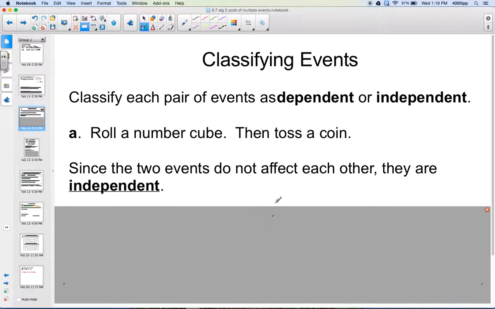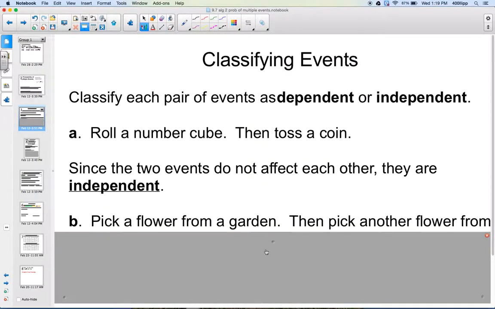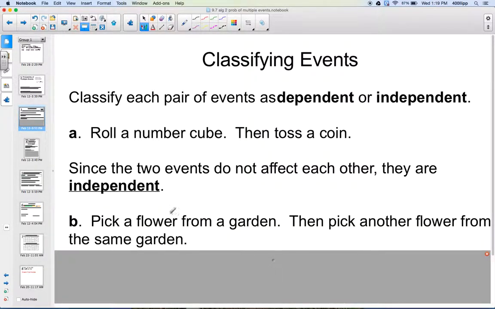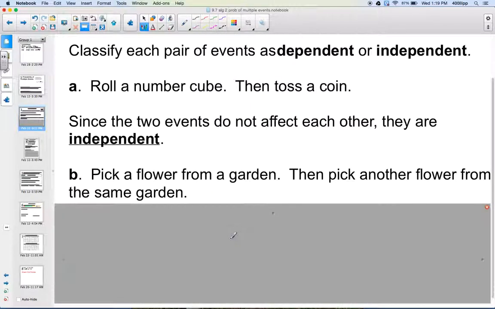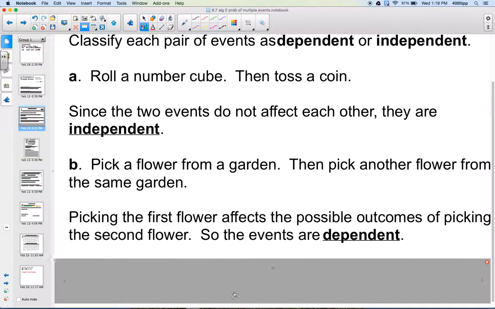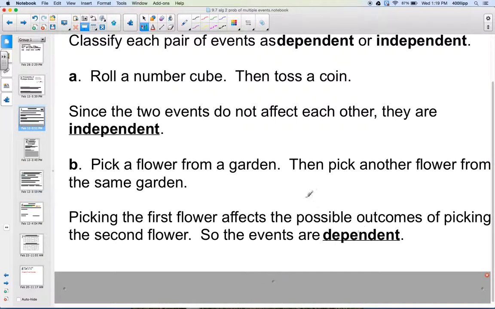Since the two events do not affect each other, they are independent events. If we pick a flower from a garden and then pick another flower from the same garden, since it's from the same garden, that means they are dependent events because the first one will affect the result of the second pick.